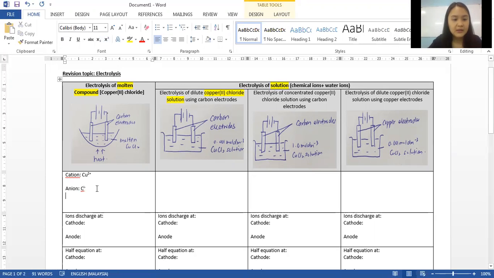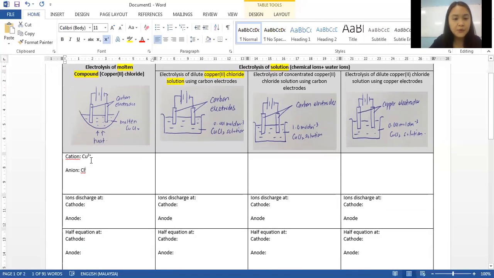So once the ions are being separated, they will move to the respective electrodes and get discharged there. The cation, the positive ions, will get attracted and move towards the cathode, whereas the anion, the negative ion, will move towards the anode. Once they reach their respective electrodes, they begin to discharge.